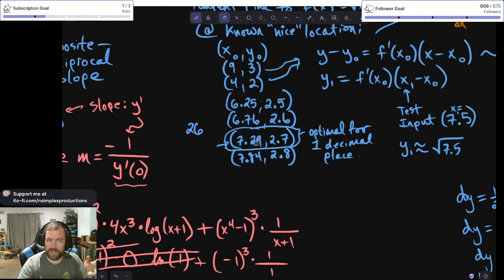If you know your 3-digit squares, you've got 1 decimal place that's going to work for you. If you know your 4-digit squares, you're probably going to get 2 decimal places of accuracy. If you know your 5-digit squares, you could probably get a third. So, might work.